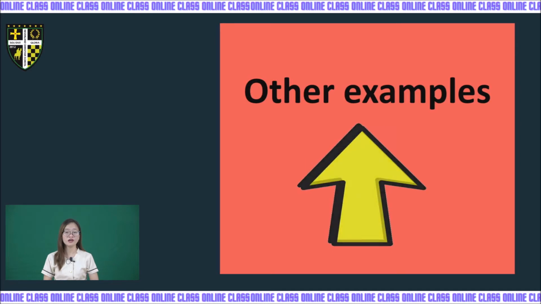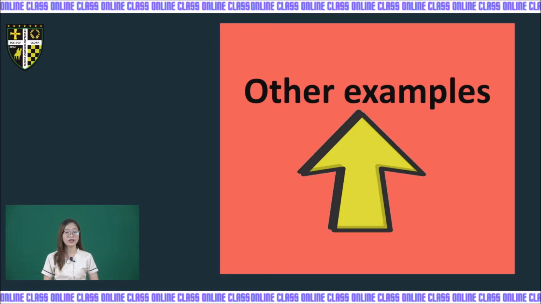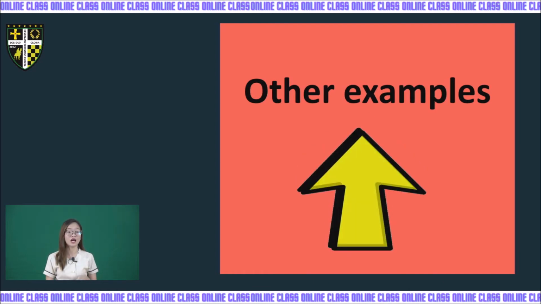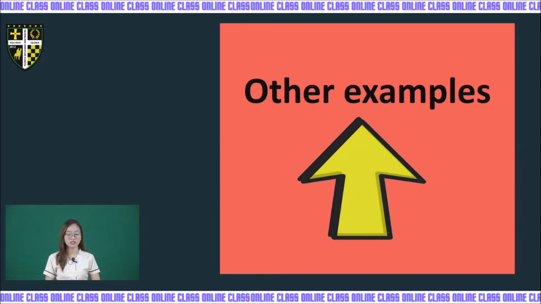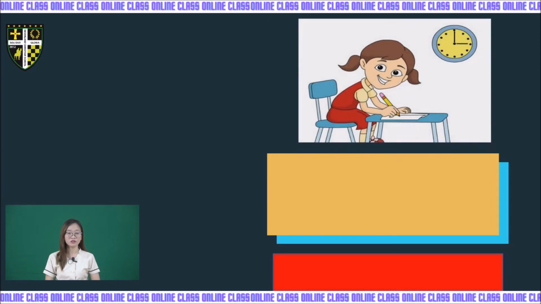Okay, for this other example, kids, I will explain why we use that pronoun. We'll identify what is the appropriate pronoun for each sentence. Let's move on to the first. Kindly look at that picture. That is a girl student. So, blank is a student.